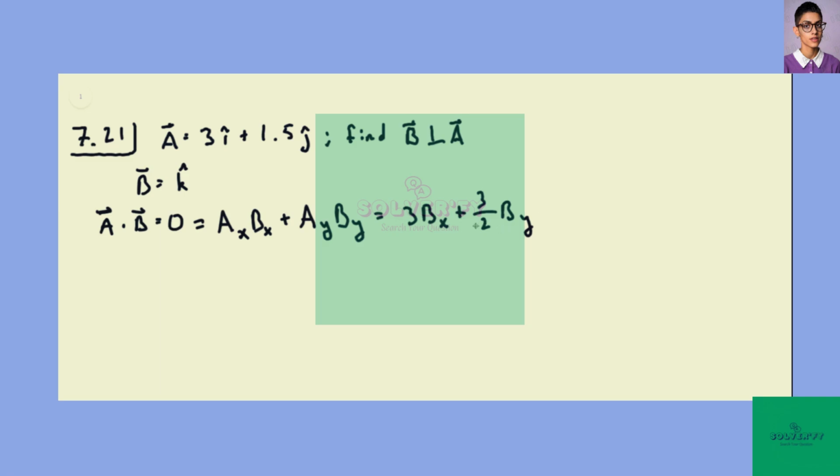So again, this being equal to 0 means that any vector b whose y component is -2 times its x component will be both in the xy plane and perpendicular to a.